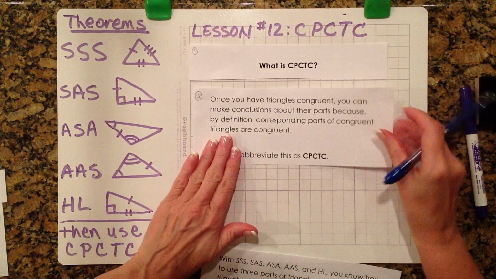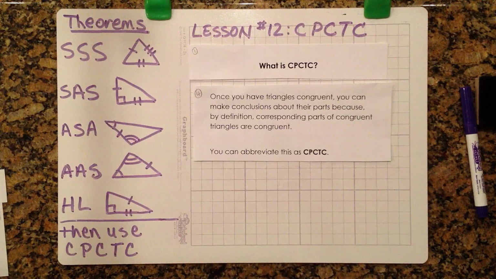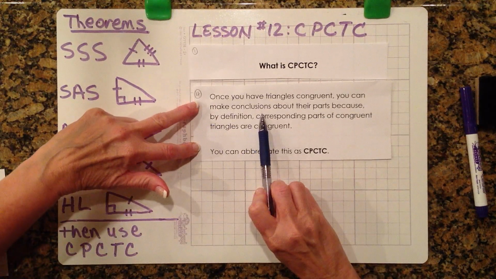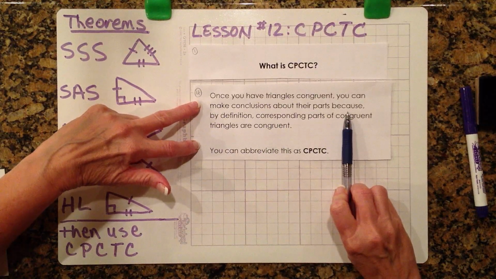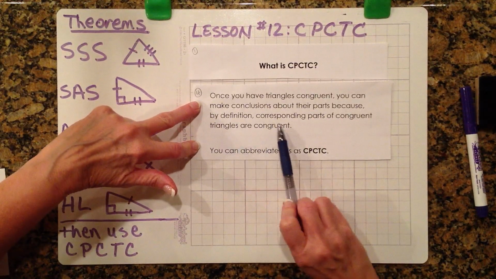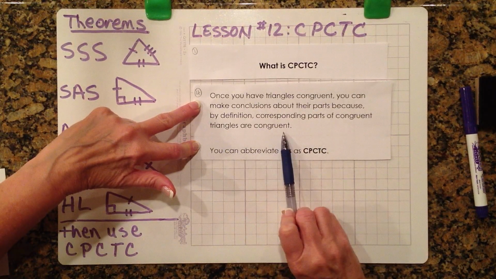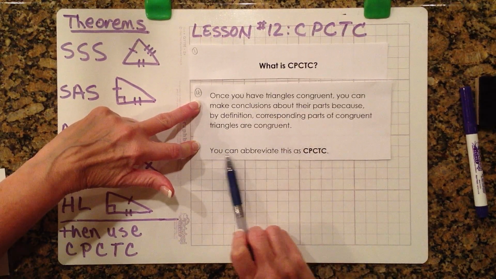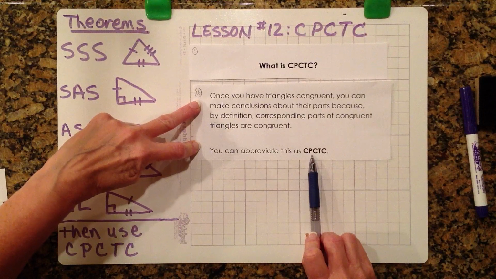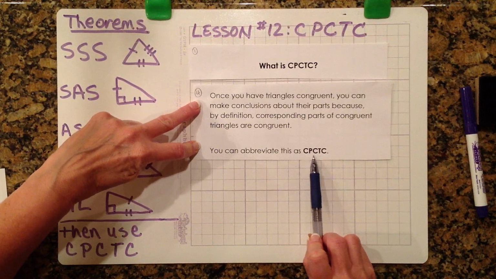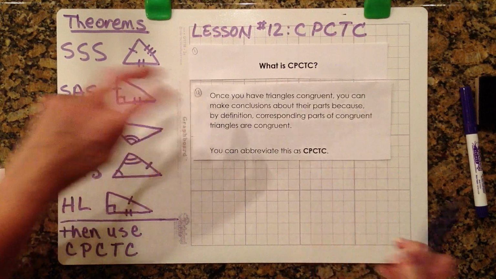Let's keep going. Once you have triangles congruent, you can make conclusions about their parts because by definition, corresponding parts of congruent triangles are congruent. You can abbreviate this as CPCTC.